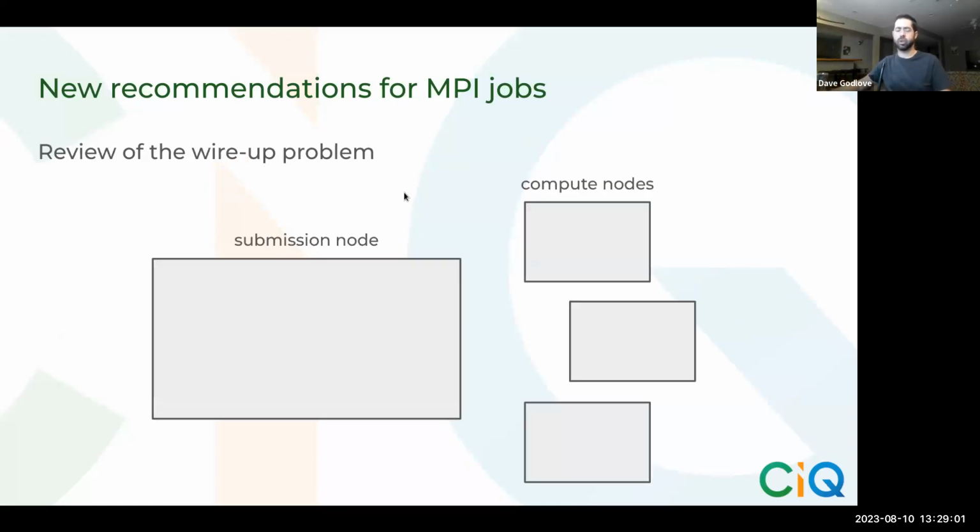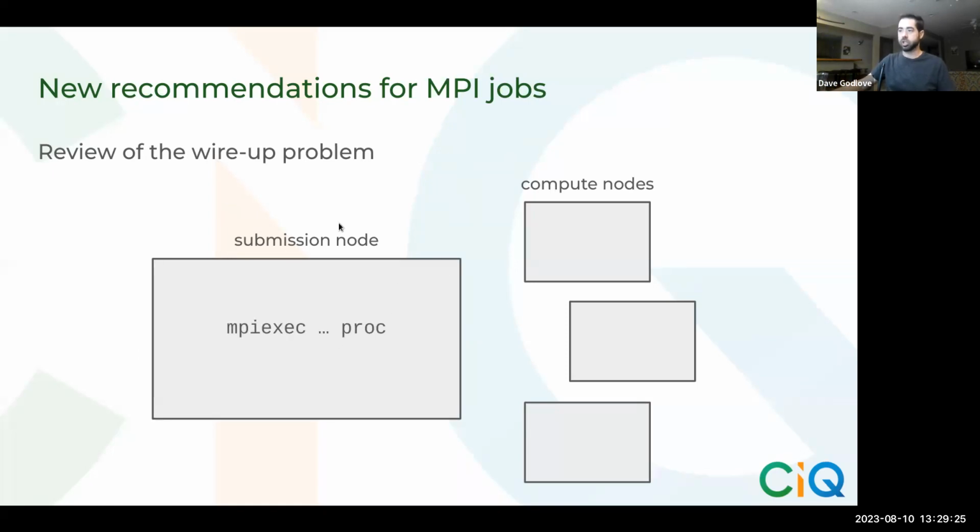Okay, so let me review the actual problem and the difficulty that arises first with wire up of a containerized MPI job. Let's think about MPI for a second. The way that MPI works is that you're on a node where you're going to submit your job from, and then you've got some compute nodes that your jobs are going to run on.